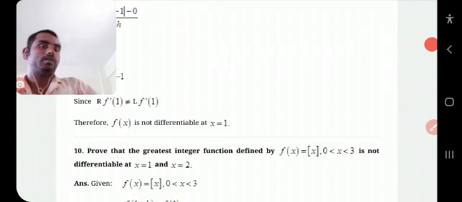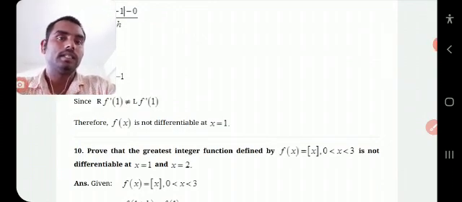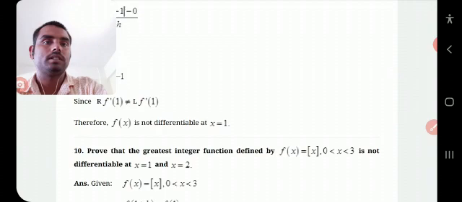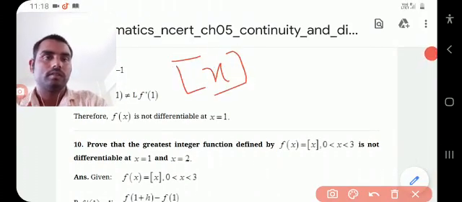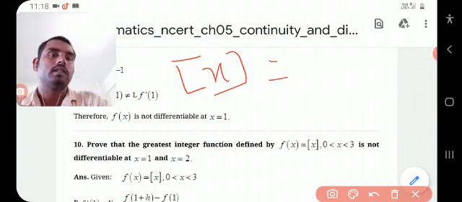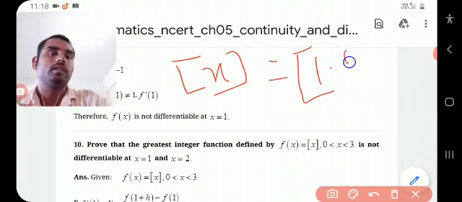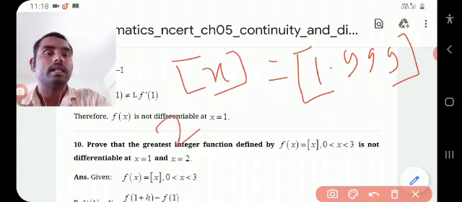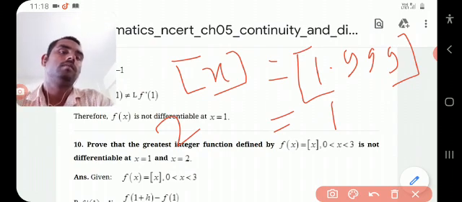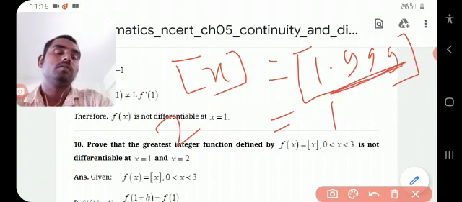Okay. The last problem is the greatest integer function. Sometimes it is known as the box function. For example, suppose x equal to 1.999, that means this value is nearly equal to 2, but inside this box this value will be 1. Why? The greatest integer, which integer does this value cross?